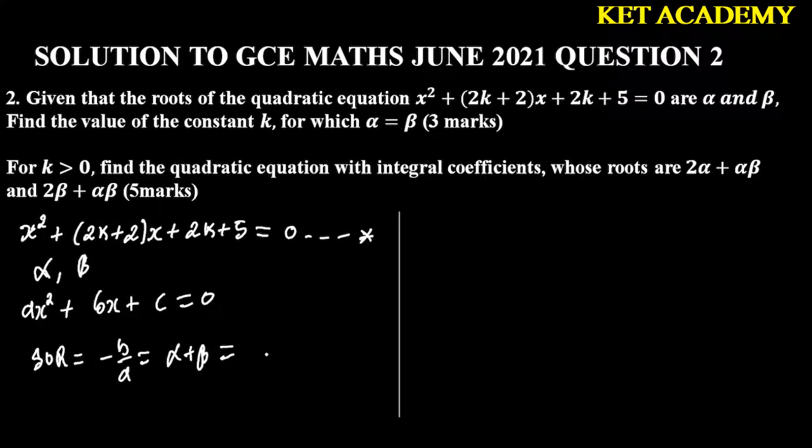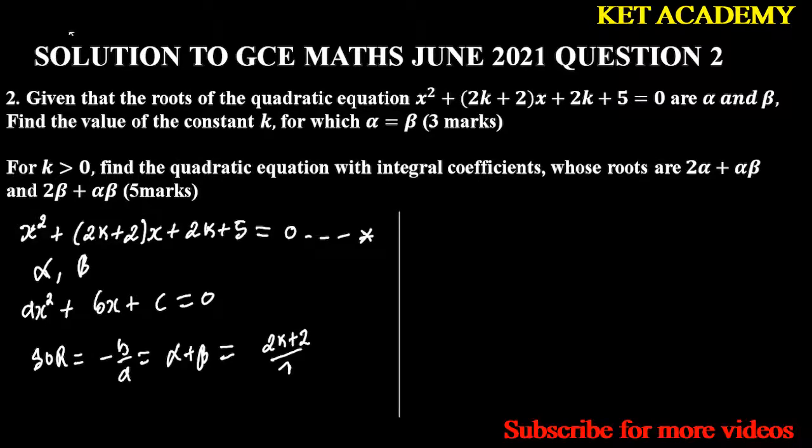Minus b on a according to equation star is minus b, our b is 2k plus 2, on a, our a is 1. So this is our b, and this is our c.